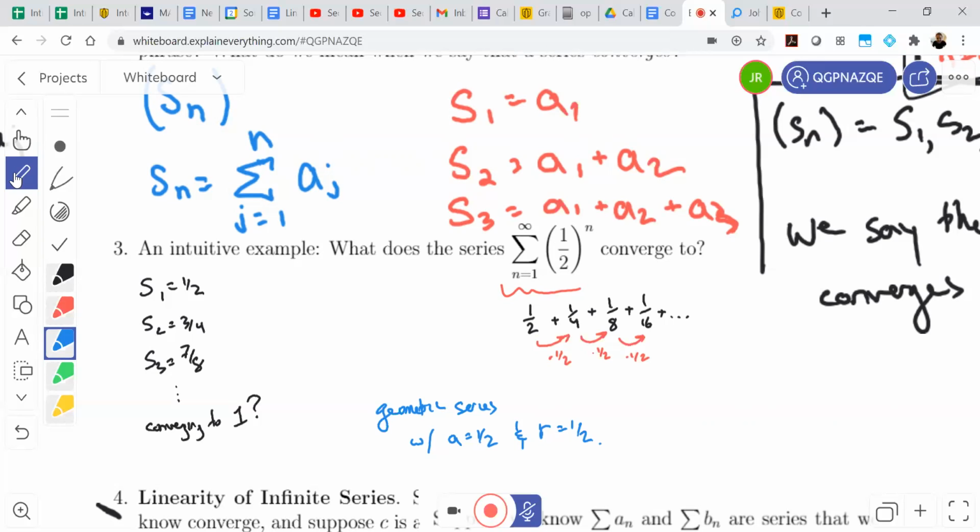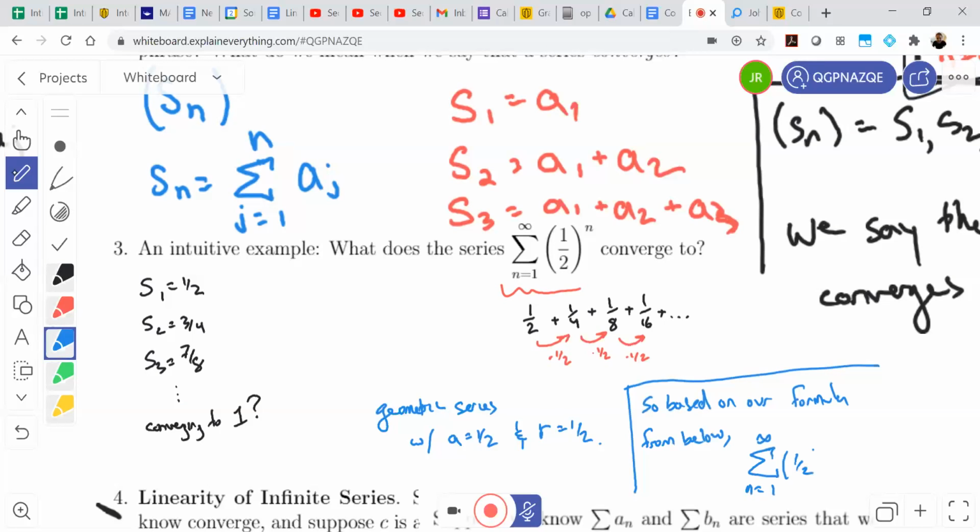So from our previous work, and based on our formula from below, I guess, because we're doubling back here, this series does in fact converge, and it converges to the expression a over 1 minus r based on the formula, and in this case that is just 1/2 divided by 1 minus 1/2, which is just 1/2 divided by 1/2.